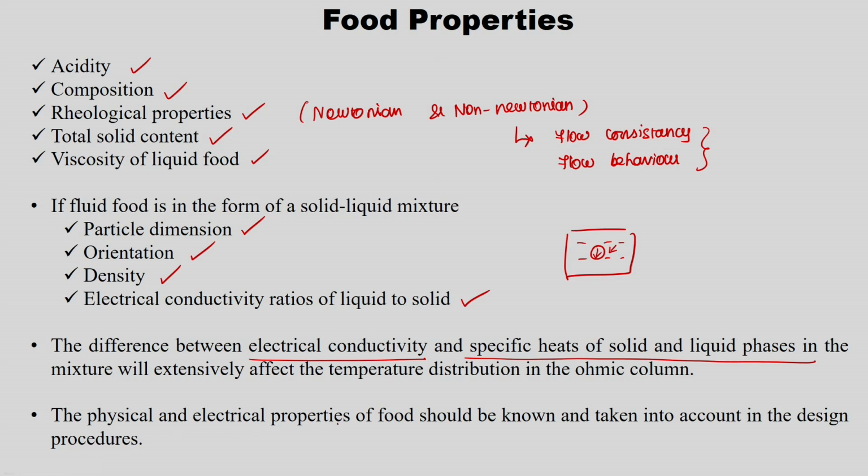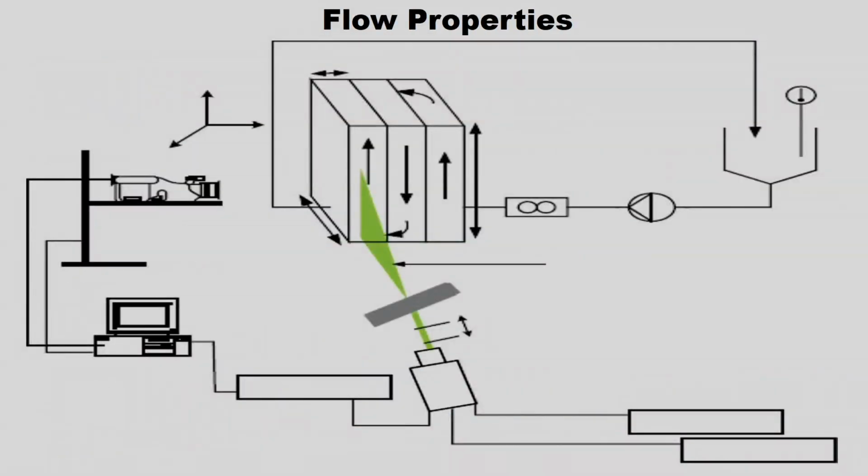The physical and electrical properties of the food should be known and taken into account in the design procedure. This is very much important, the electrical properties as well as the physical properties, which are nothing but density, dimension, etc., to be taken care of when we use the design procedure. Then there comes the flow properties. Flow properties in the sense I have already mentioned, right.